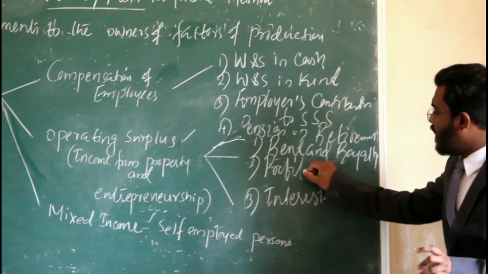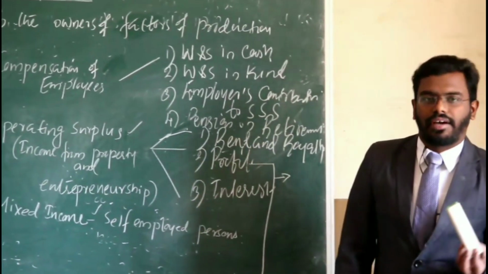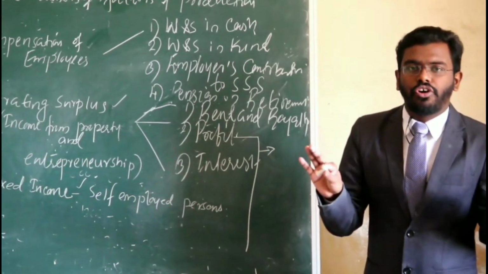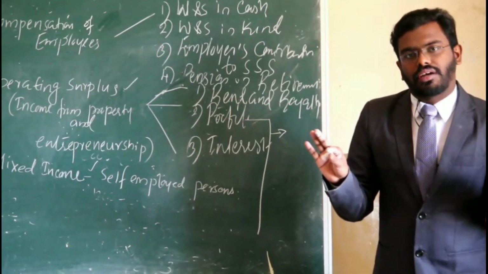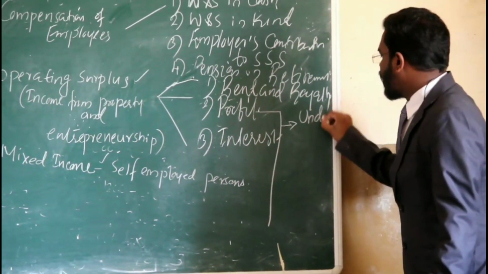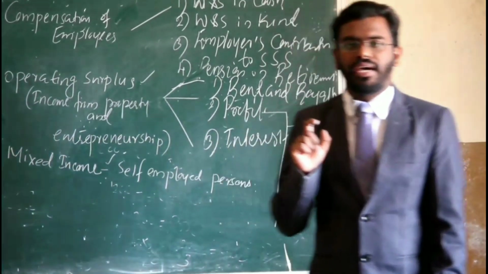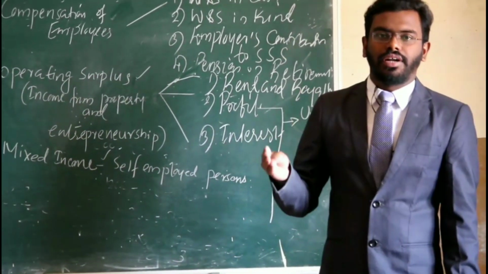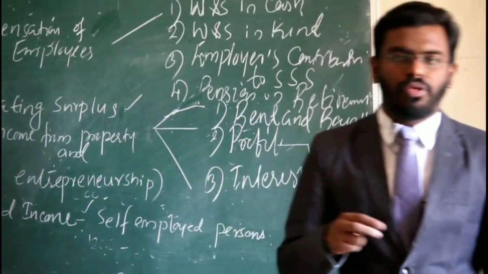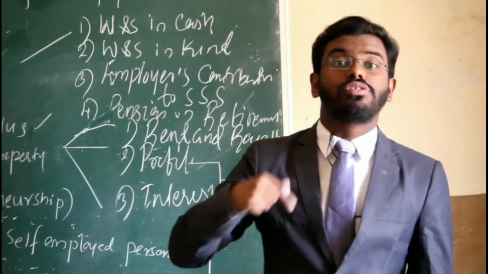Again, this profit is divided into different kinds. First one, undistributed profit, which is known as retained earnings. Here the employer or an organization will keep some amount of profit for future use.